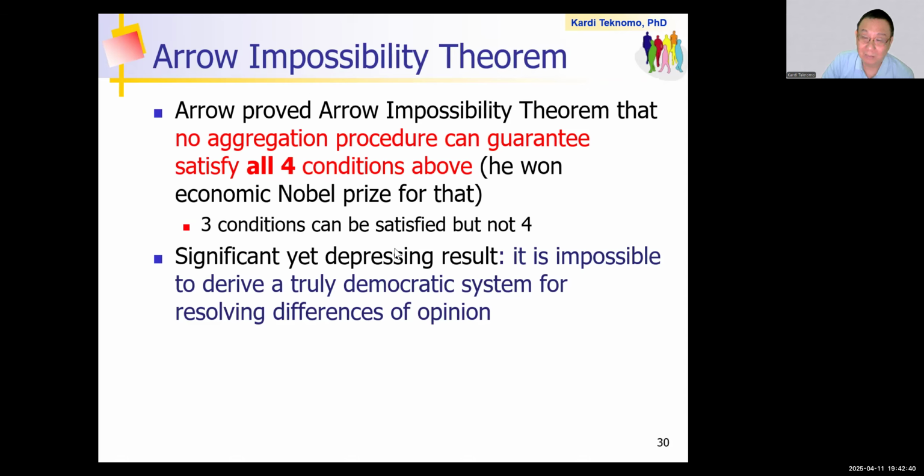This is a significant yet actually depressing result. It is impossible to derive a truly democratic system to resolve differences of opinion. These are the implications of Arrow's Impossibility Theorem.